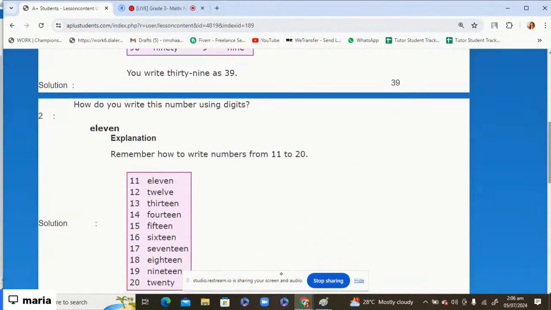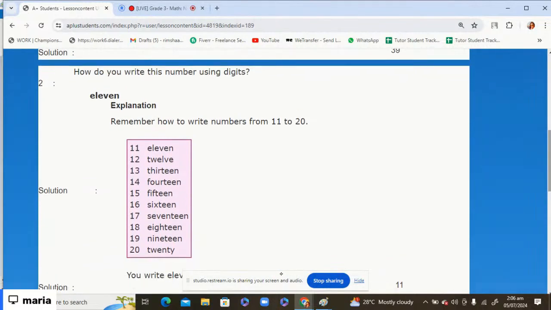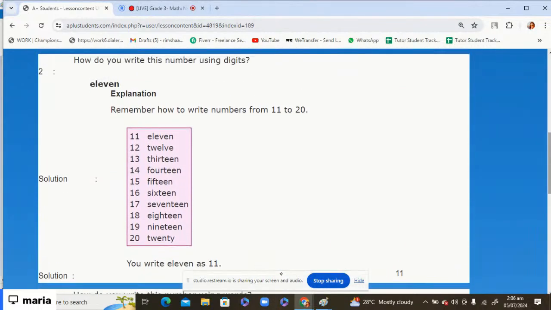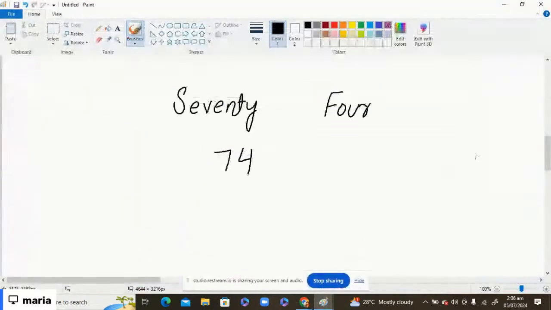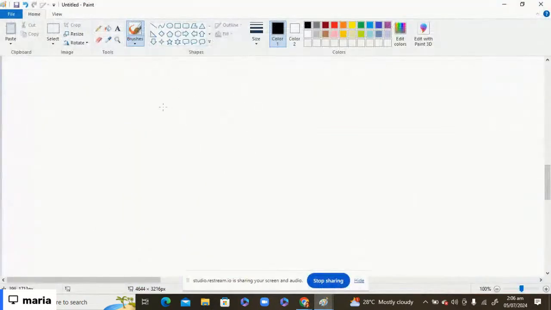Okay, this is basically just something we need to write down. Now you guys tell me what are the spellings of this one, 26. We can also convert a number into words, and words can be converted to numbers. So 26, what are the spellings of 26?